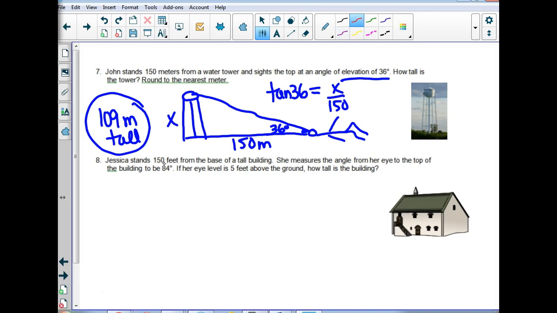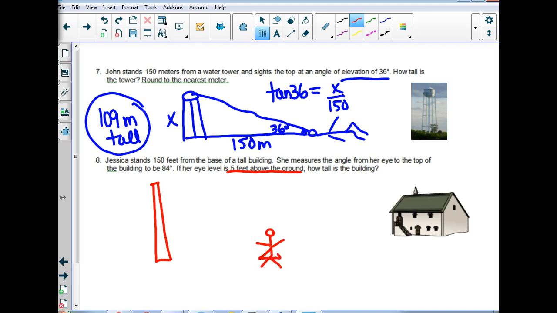Okay, now we got Jessica standing 150 feet from the base of a tall building. Okay, so I got a building. It's a weird shape. She measures the angle from her eye to the top of the building to be 84 degrees. Well, Jessica's actually standing up because it says her eye level is 5 feet above the ground. Okay, so let's have Jessica standing here.